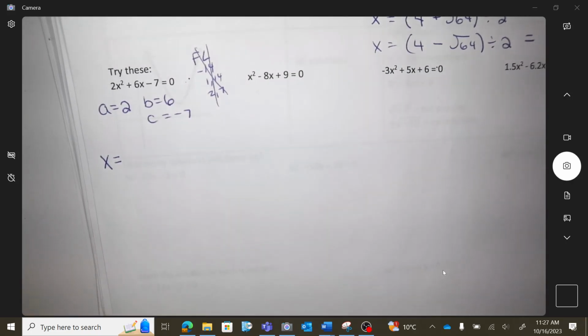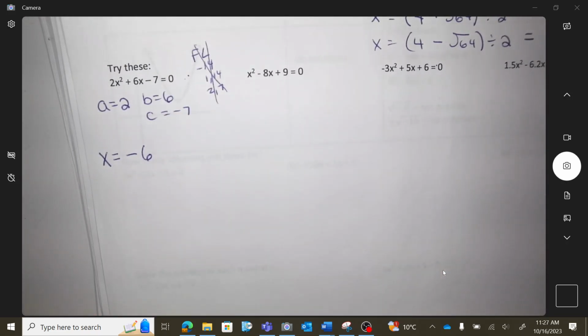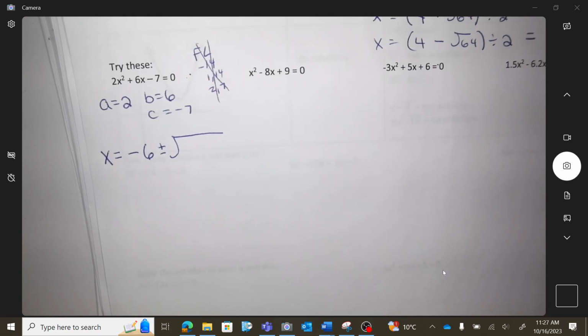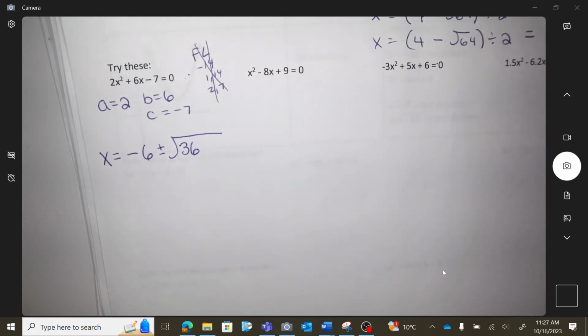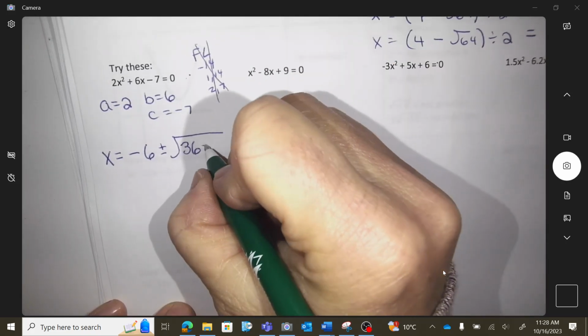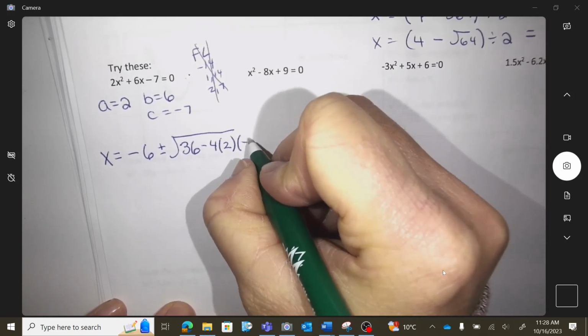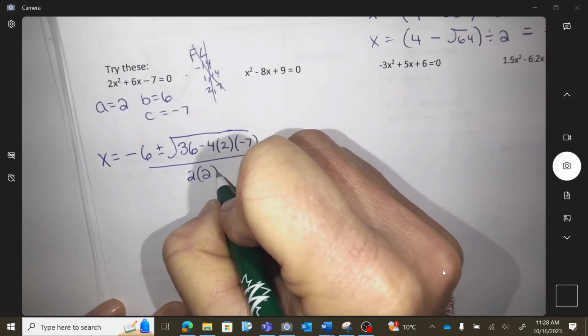Okay, X equals opposite of B, so this one had a 6, so I'm going to write negative 6 plus minus the square root of, so B squared, I'm actually going to write 36. I'm replacing it. Don't write me 6 squared, just replace it. 36. Subtract 4 bracket 2 bracket negative 7. All over 2 times 2.